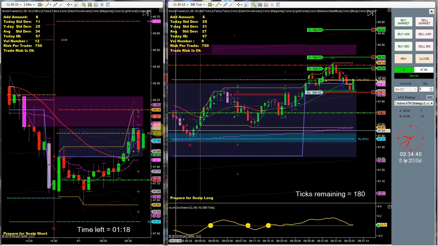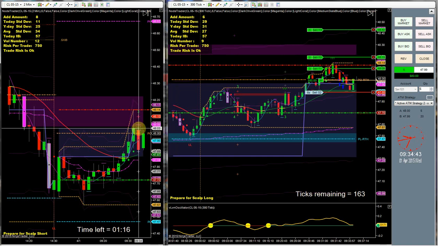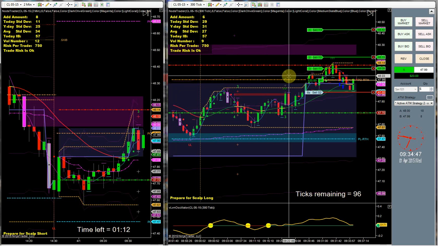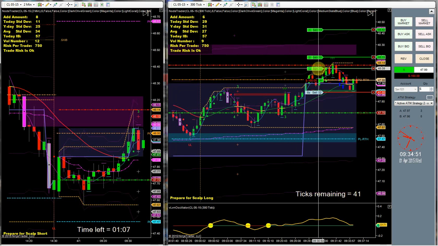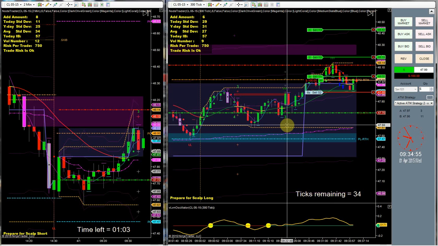Looks like we have the high volume node actually moved up on the 2-minute chart to 48.03. So that's going to be a pretty big problem for us here. That's going to be our first speed bump.